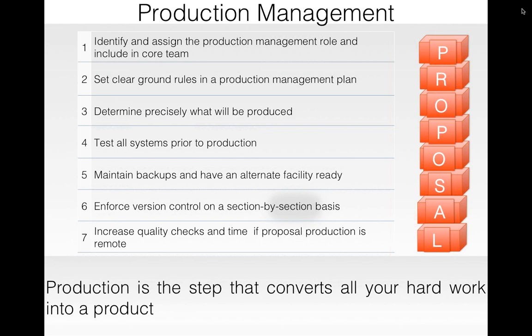Production management also includes the delivery of the proposal to the customer, so plan that out equally. If you are going to print your proposal locally and submit it at a different location, plan out how it is going to reach, how much time it will take to reach, and what buffer time you have.